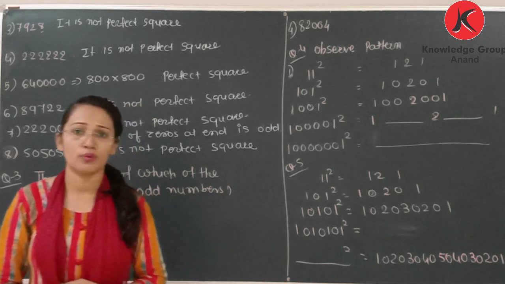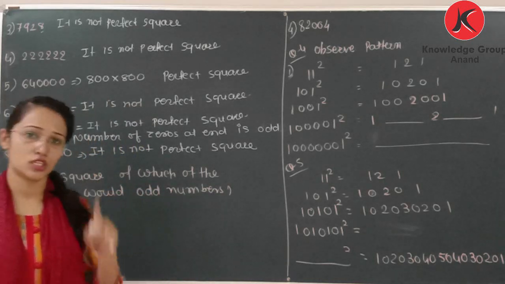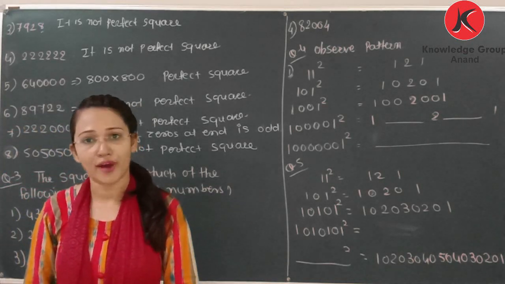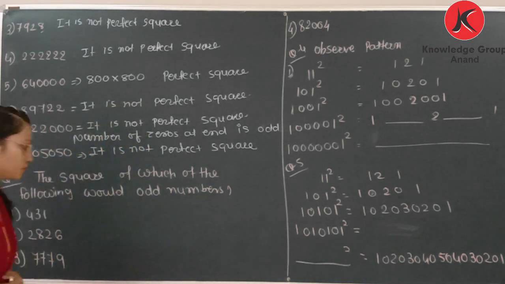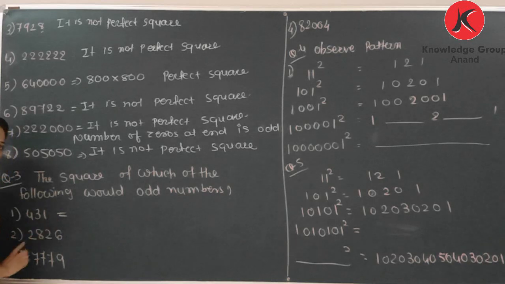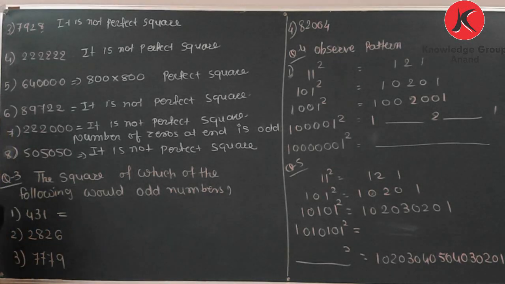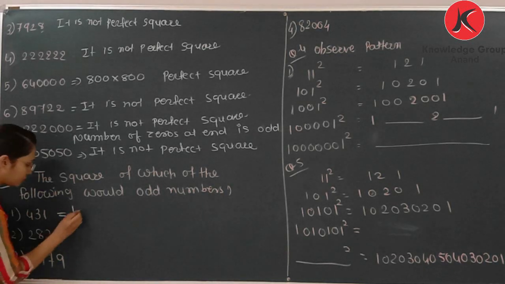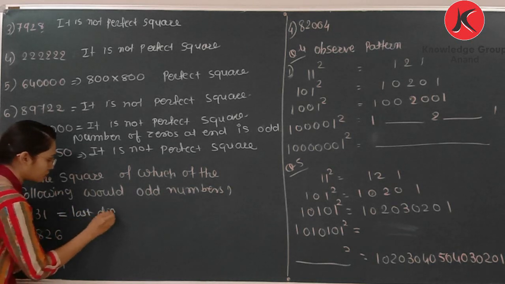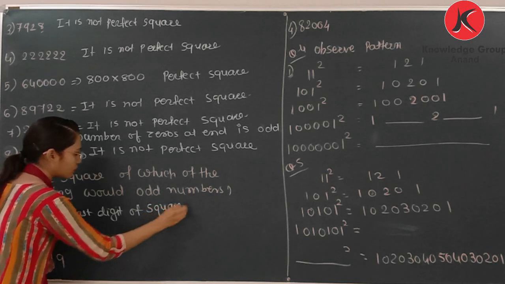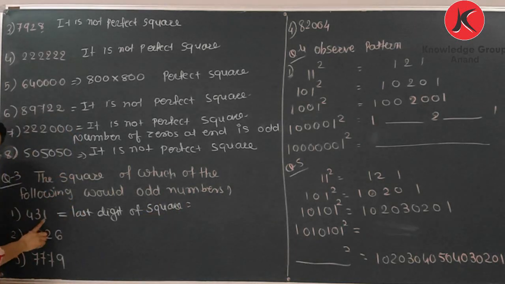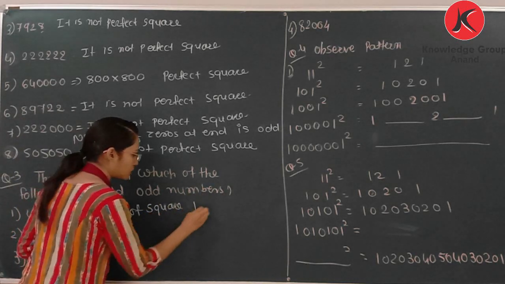So you need to check with the remaining digits. So here, if you perform the square of 431, what will be the last digit? Last digit of square is 1, so it is odd.